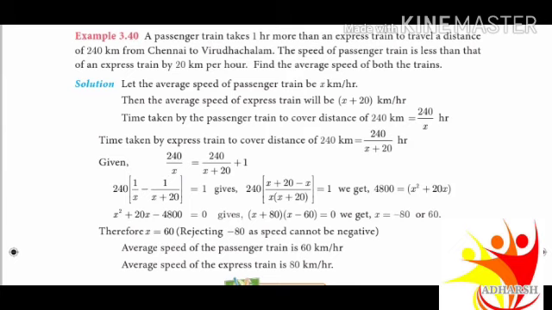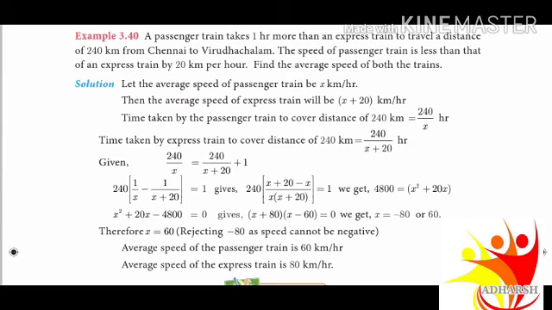Therefore we get x plus 20, that is the express train speed. Time taken by the train to cover a distance of 240 km, that equal to 240 divided by x hours. The time formula, time equal to distance divided by speed. So for the first train, distance 240, speed is x. Therefore t1 equal to 240 divided by x.